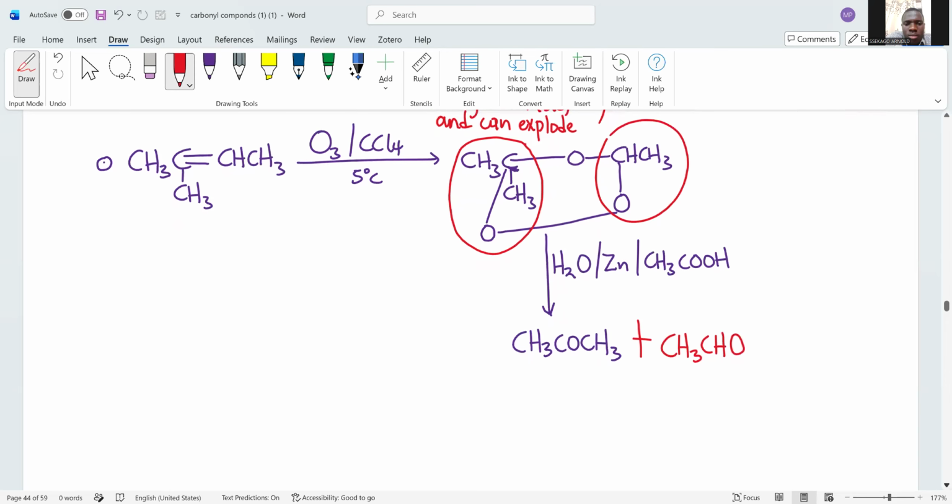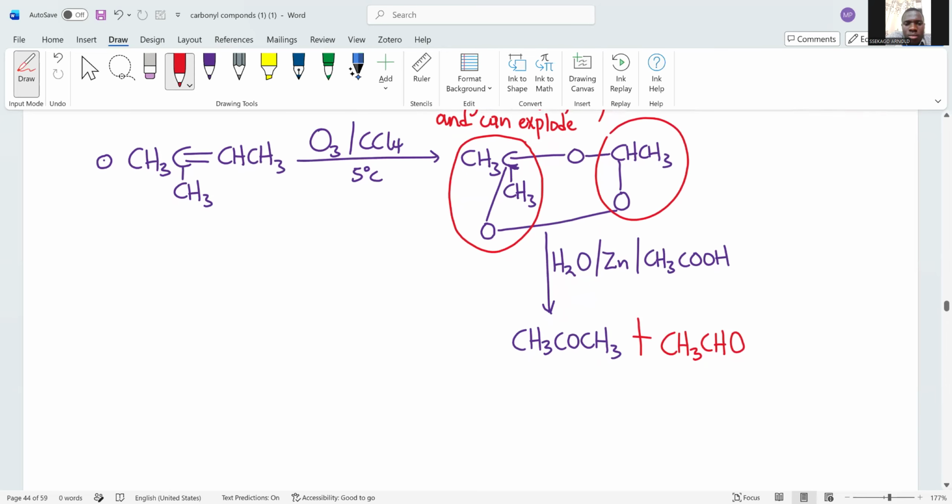It is important to note another example. Suppose that I have ethene. One can also combine those two steps. Number one, ozone at 5 degrees Celsius.